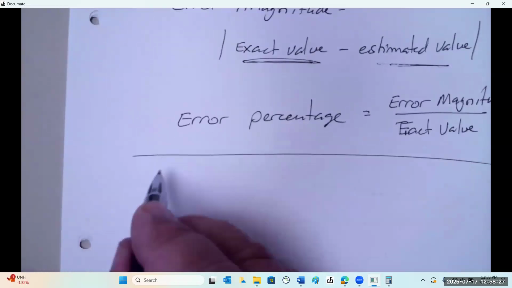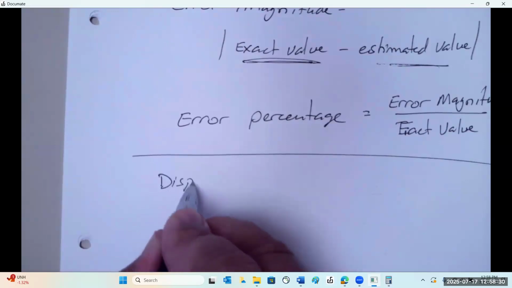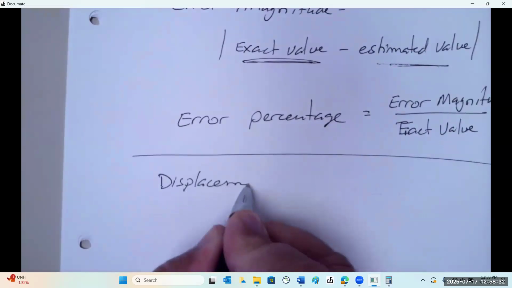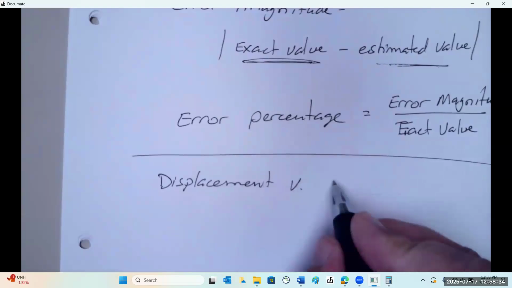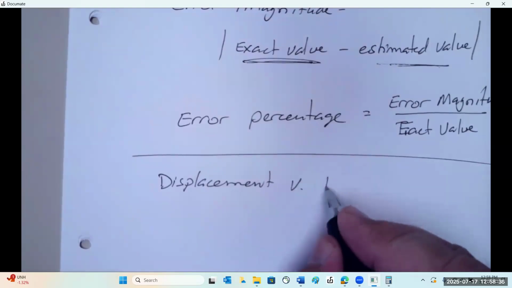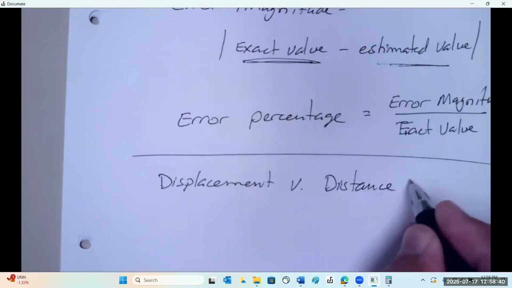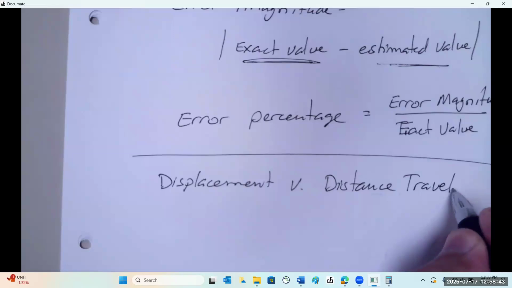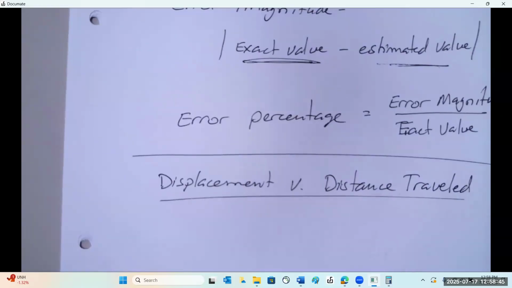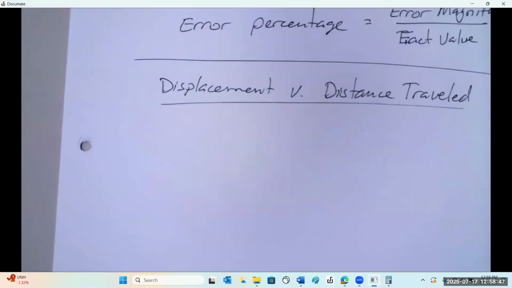Okay, displacement versus distance traveled. What's the difference?